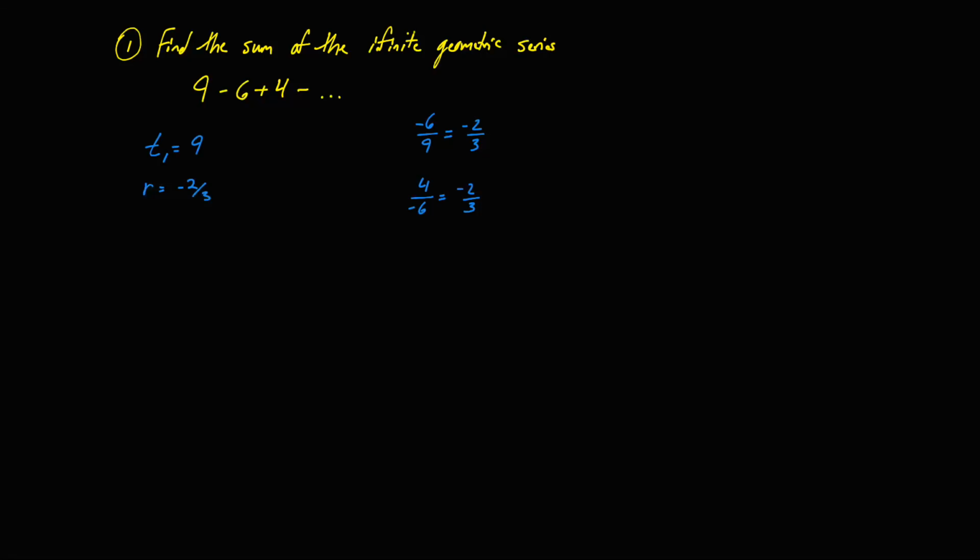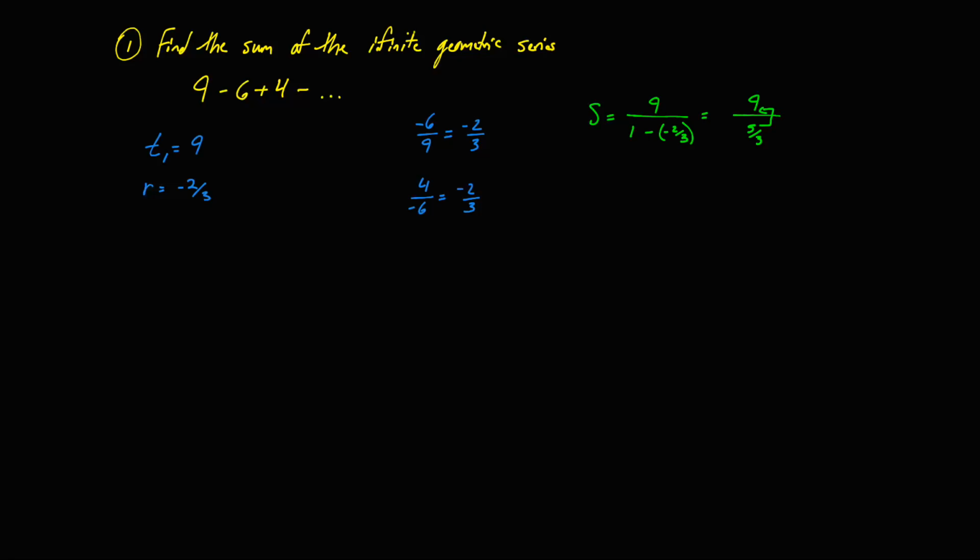And remember, our application here is going to be the sum is equal to your first term, 9, divided by 1 minus negative 2/3. So this is going to be 9 divided by 1 plus 2/3. That's going to be, in this case, I think 5/3. Right? I believe I could do it. 5/3.